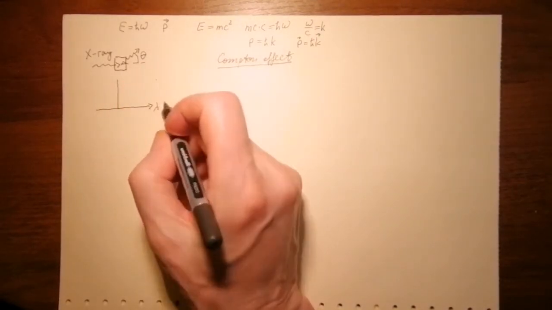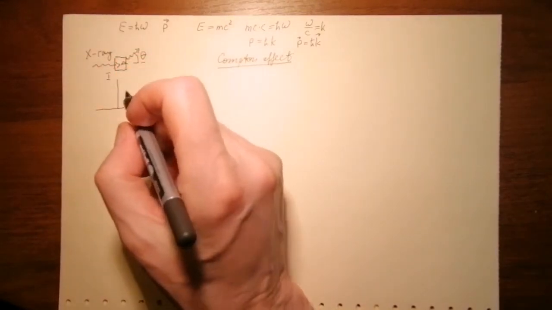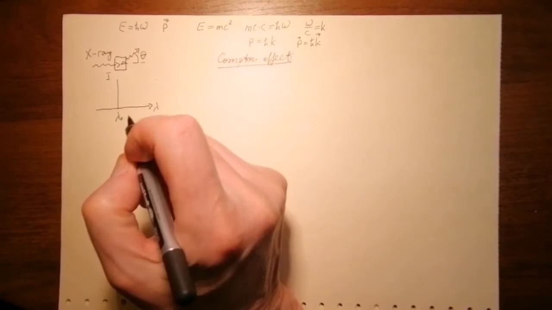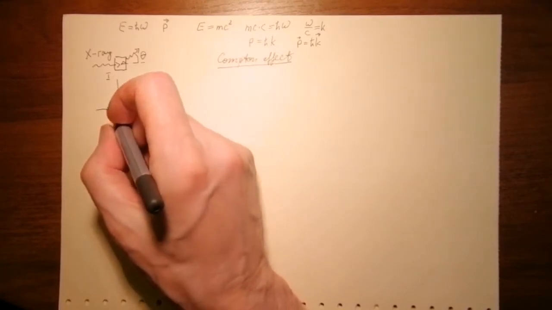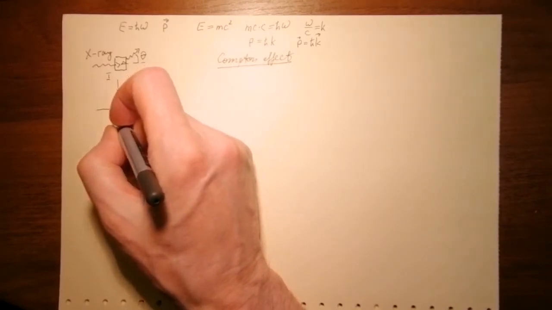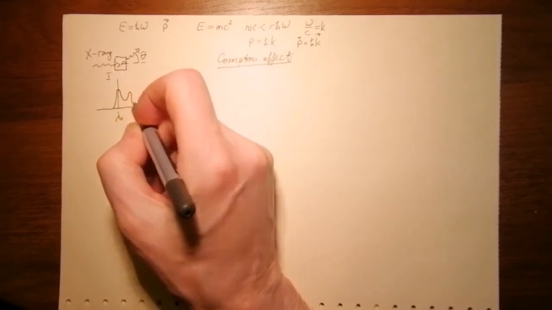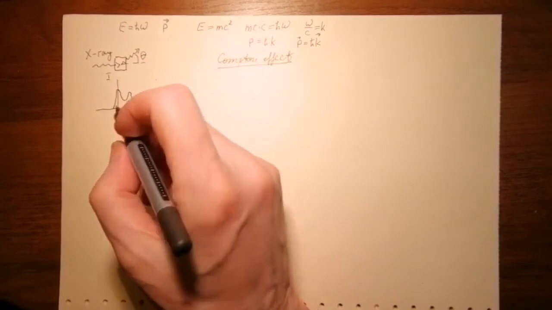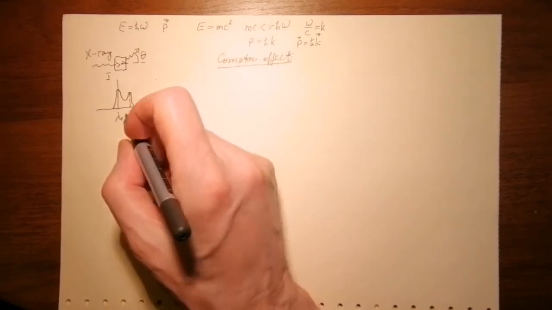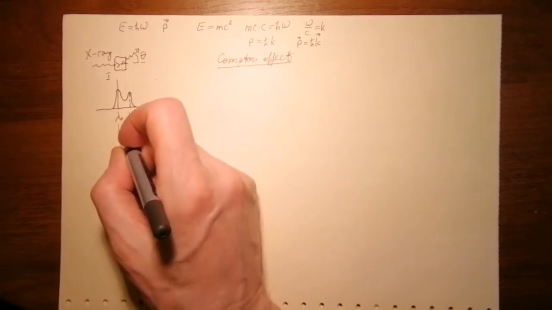If this is wavelength and this is intensity, this point is lambda 0. Due to energy resolution this line was not sharp but spread. But there was also an additional wavelength in the scattered radiation, lambda prime. The difference between lambda prime and lambda 0 was delta lambda.